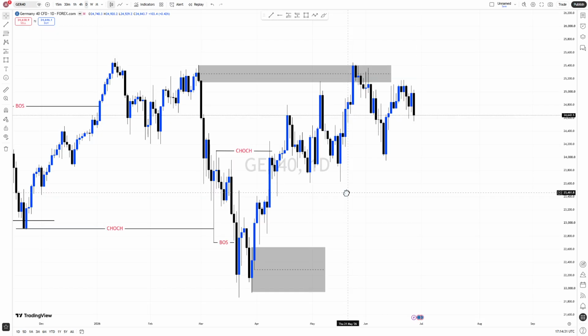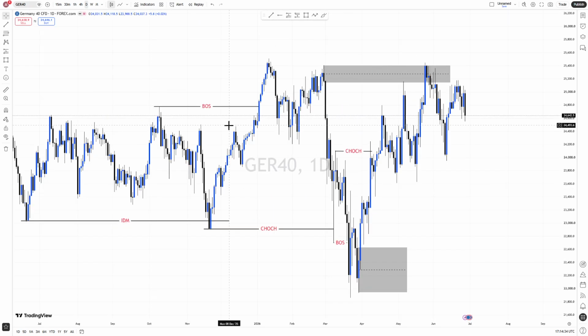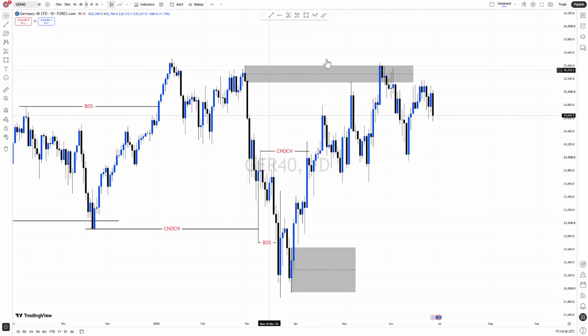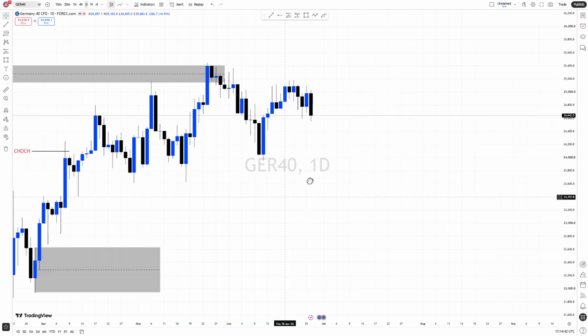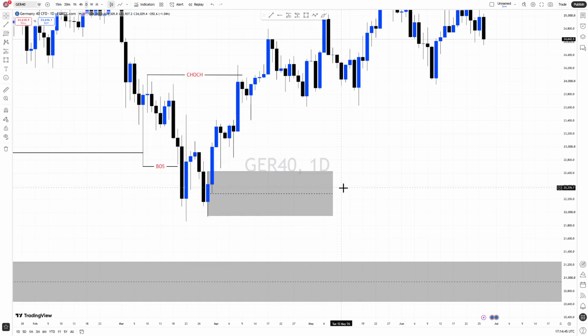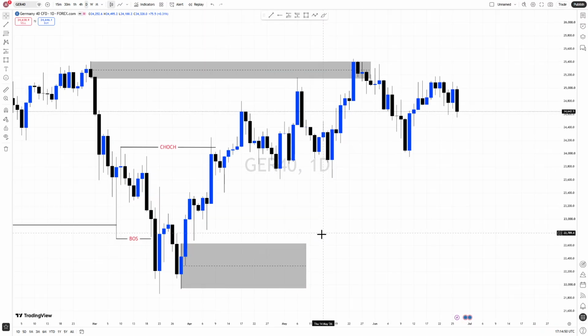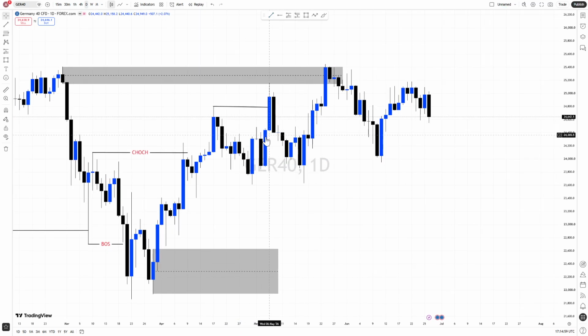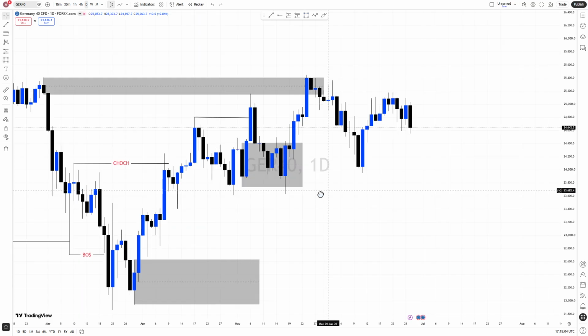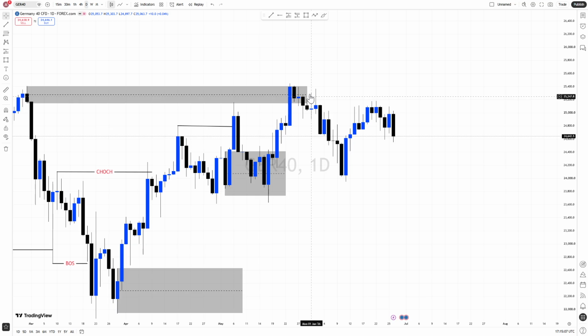But we have seen that, having our general external structure, we are reacting from a major supply for the sales. So even if I've marked this order block here, these are for the internal structure, right? So if we keep on following the market, the market managed to give us another break of structure whereby the acting demand was this bearish candle over here, whereby the market mitigated that area, and then we had that buy going up and giving us the break of structure.